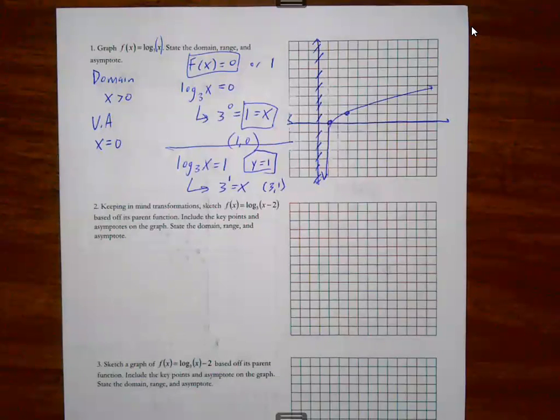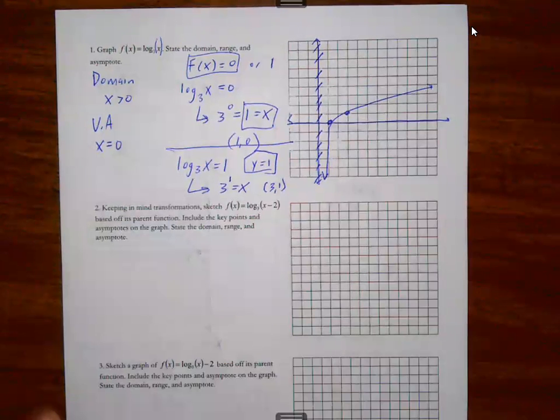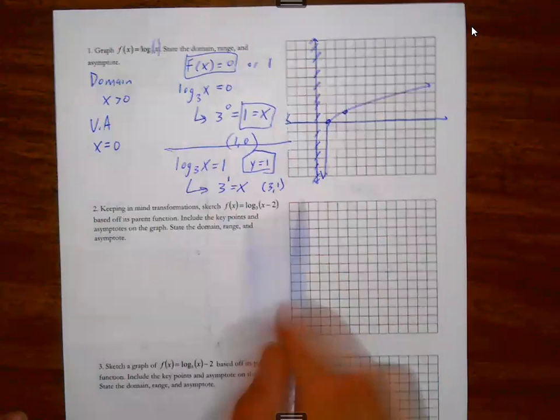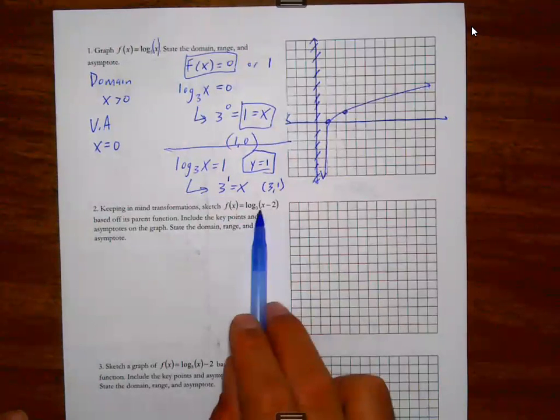Now, number 2 is pretty closely related to number 1. So everything that we just did, you could do from scratch and apply that to this question, number 2. But if you know what the log of x base 3 looks like, you could also use transformations to graph this.